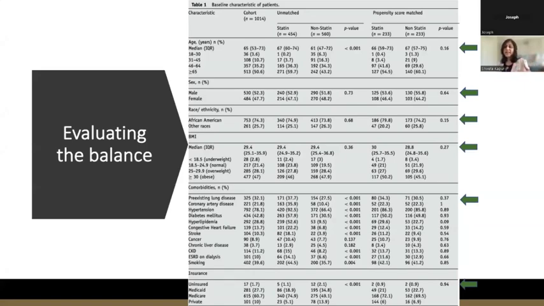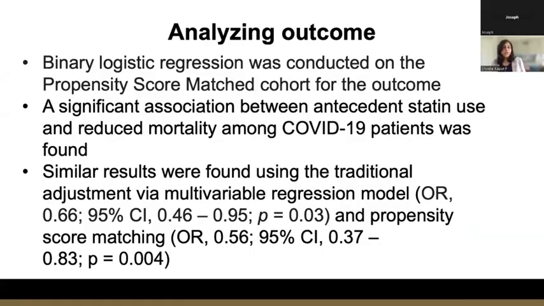So these green arrows indicated to us that we were good to go and proceed to analyzing the final outcome. When we analyzed the final outcome, we used a binary logistic regression, which was conducted on the propensity score matched cohort for the outcome, which was mortality. And we found a significant association between the use of statins prior to the COVID diagnosis and reduced mortality.